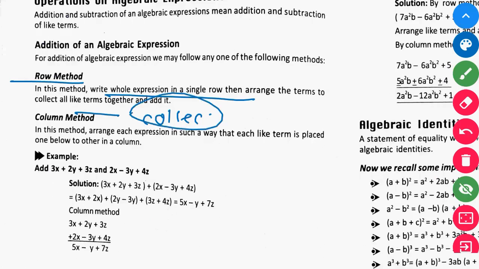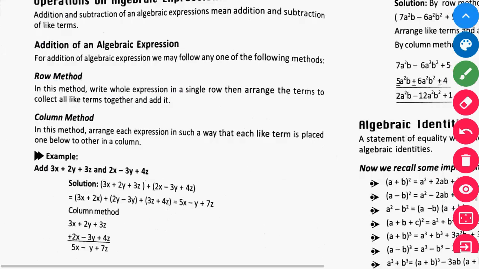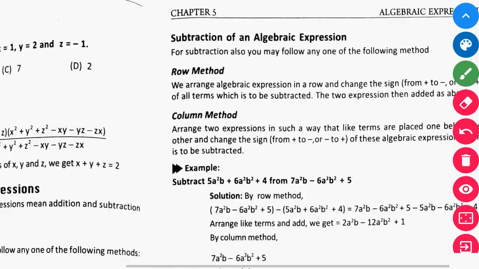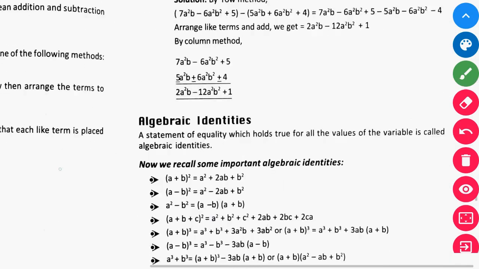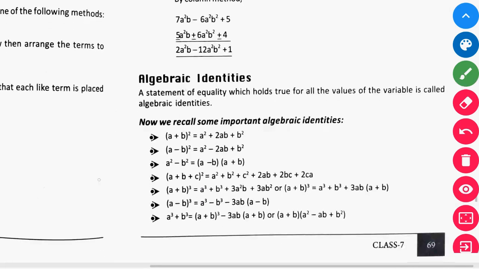We will go through it. In the column method we arrange them one below the other, the terms which have common variables, and then we solve them. Subtraction is done the same way as addition.